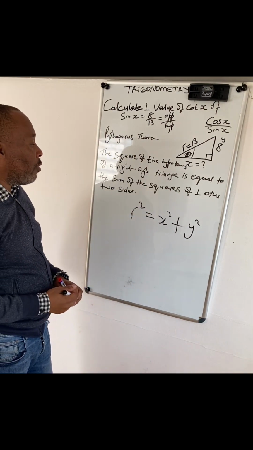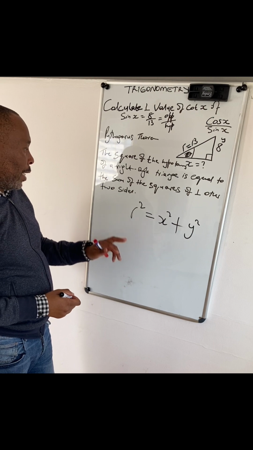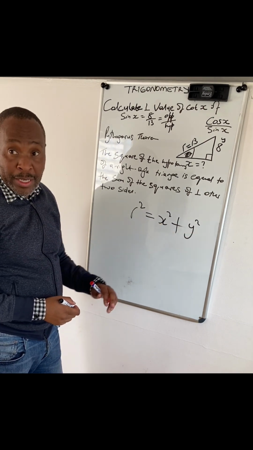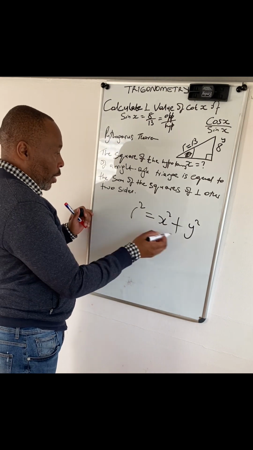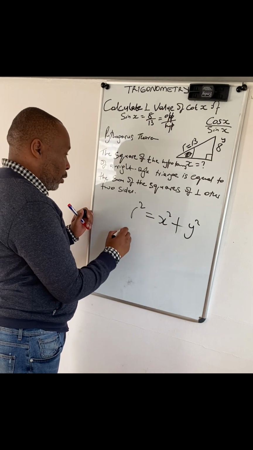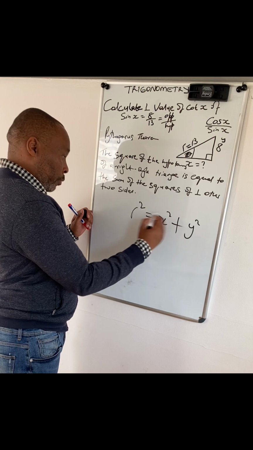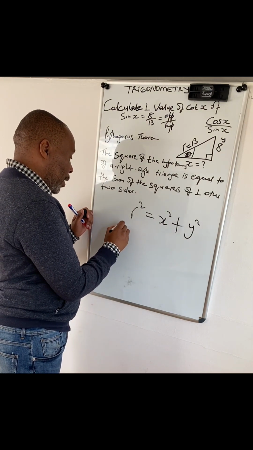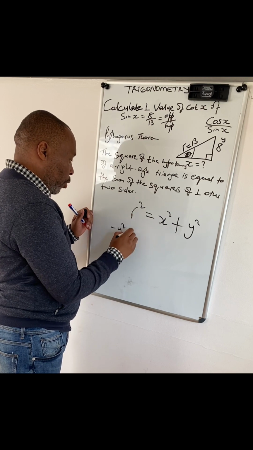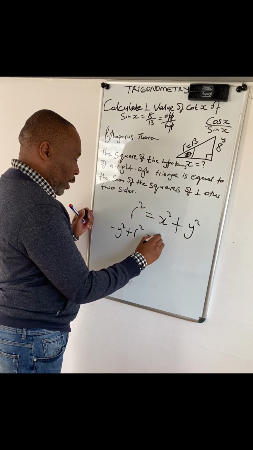Now here we're looking for x. We've got r squared, we've got y squared, we need to find x squared. So what I'll do, transpose y squared to the other side and it becomes minus y squared plus the positive r squared is equal to x squared.